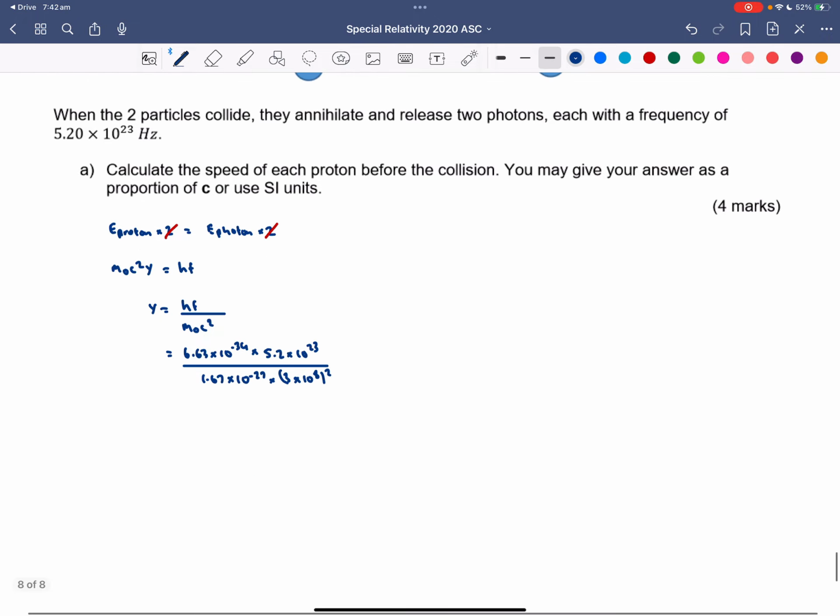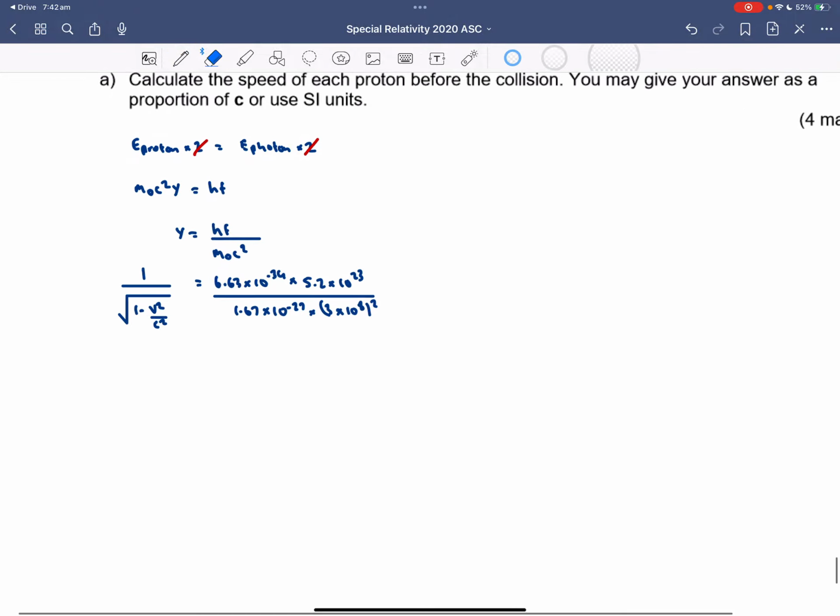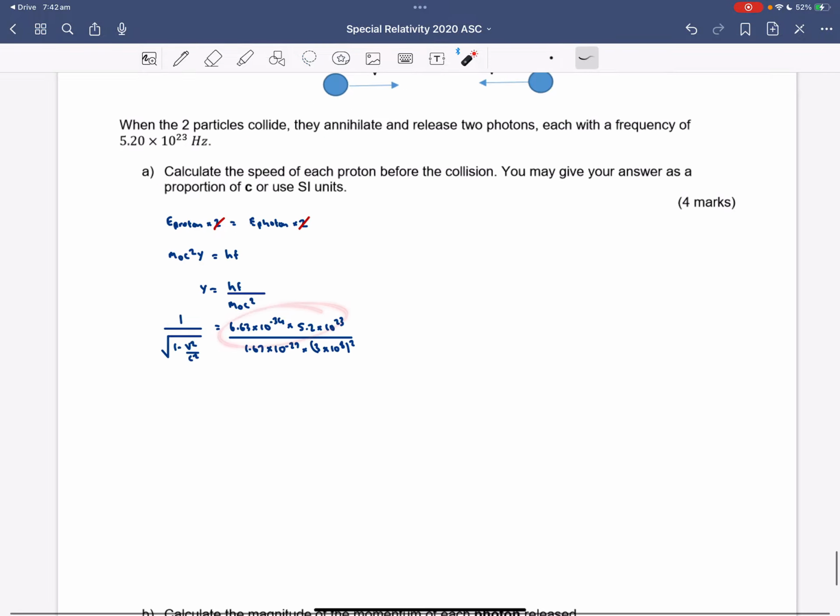And remember, at the end of the day, what is Lorentz? Lorentz is 1 on root 1 take v squared on c squared. That's what Lorentz is at the end of the day. Alrighty. So first things first, I have to work out what this is.